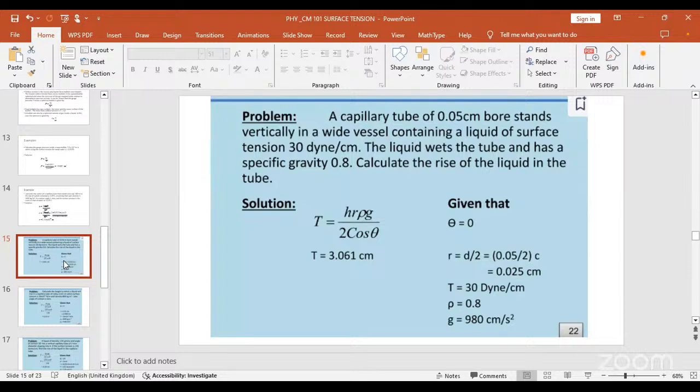A liquid wets the tube and has a specific gravity 0.8. Calculate the rise of the liquid in the tube.